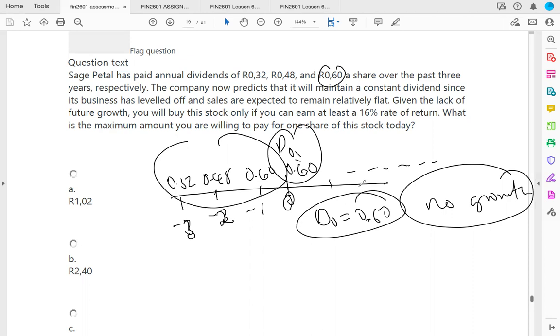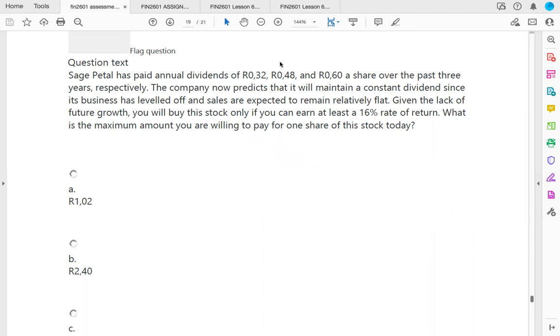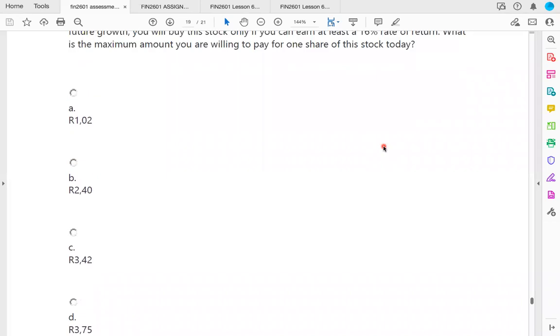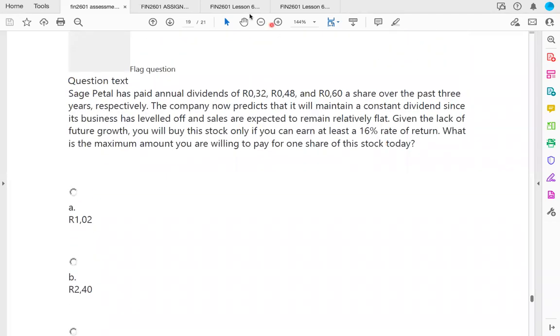And then we're asked to determine what the price of the share is. So this is a very simple example of the no growth model, whereby you simply want to determine the price of the share today. So we simply take our dividend over the required return, and there's no growth, so that dividend is just going to be 0.6 for D1, D2, D3.